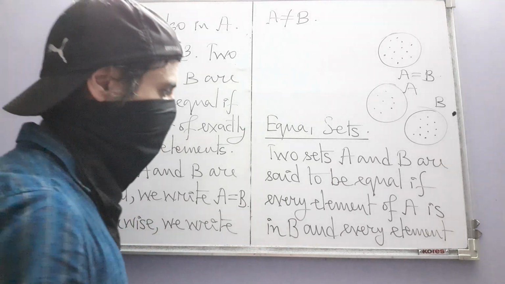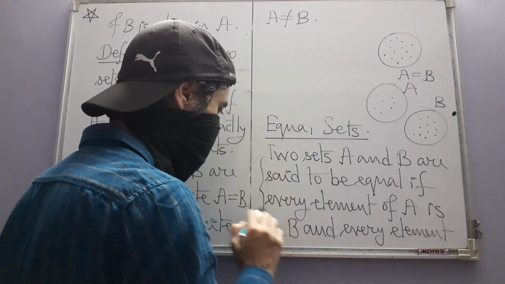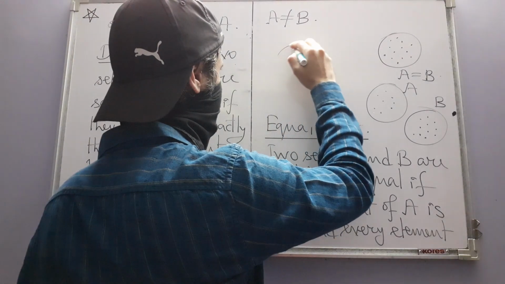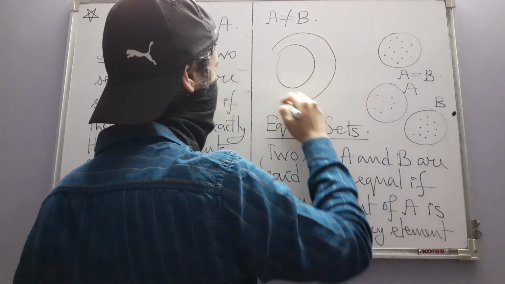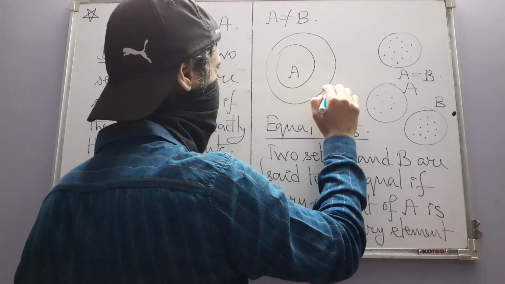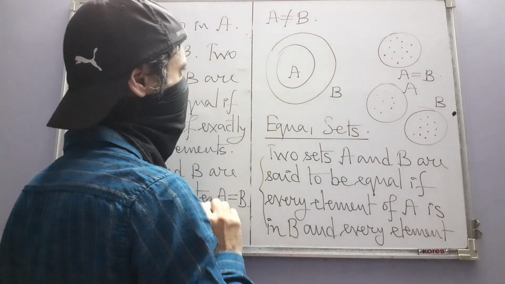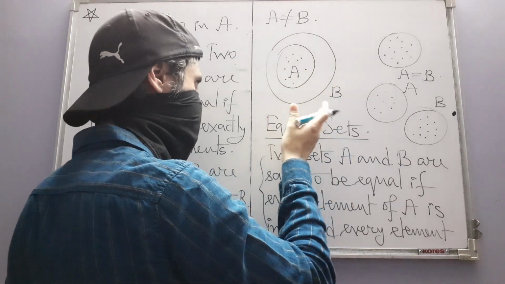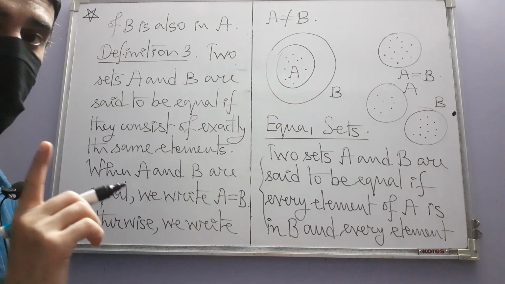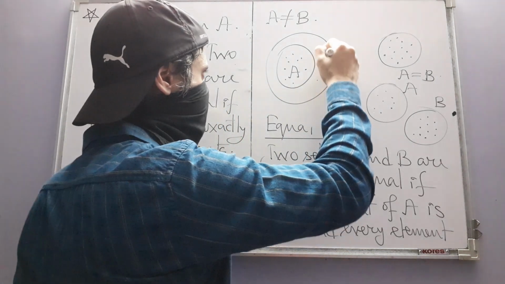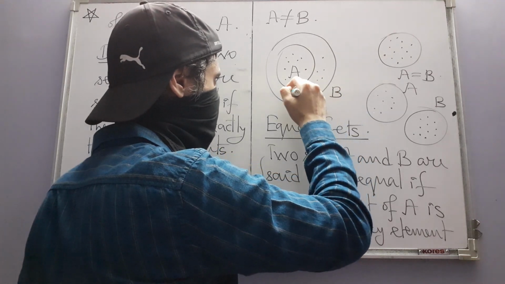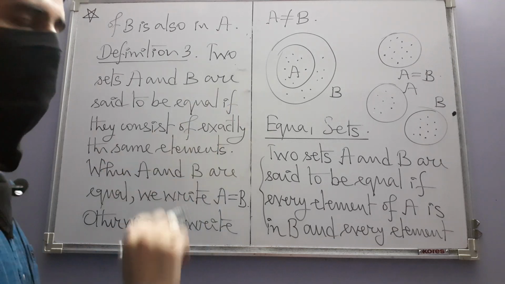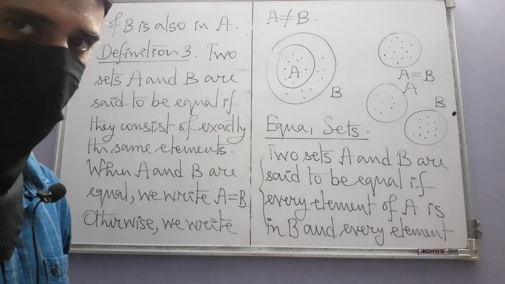Let us also see what happens if this condition is not exactly true. Let us think of a situation like this. It is a situation in which every element of A is also an element of B, but there are some elements in B which are not in A. In that case, these two sets are not equal.